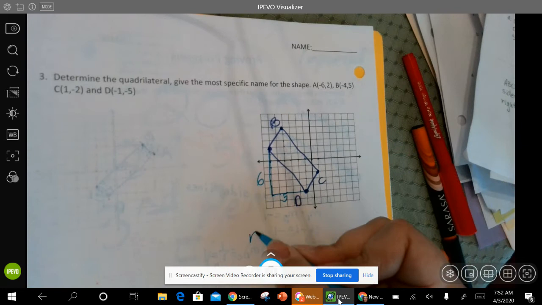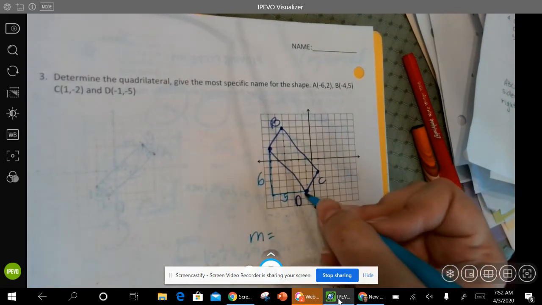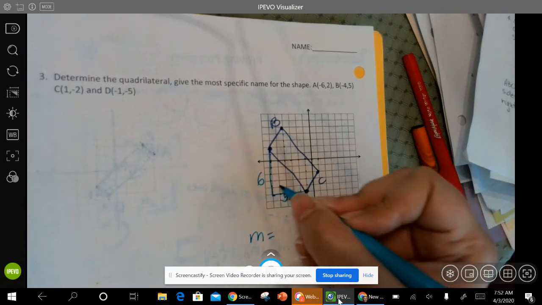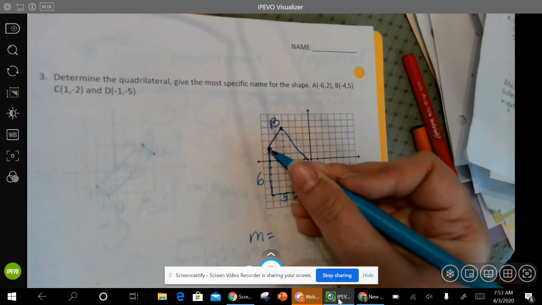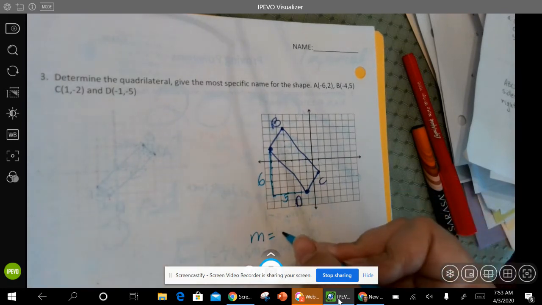Okay, so our slope is actually 7. It's going to be -7.